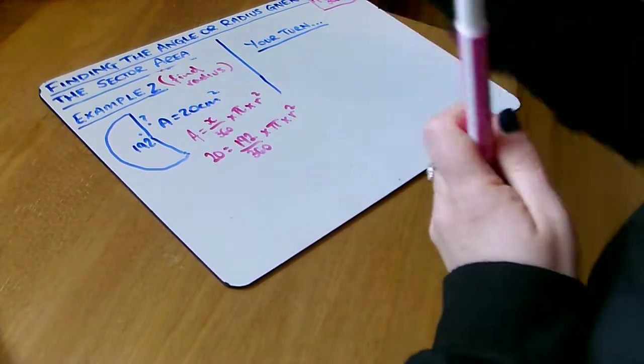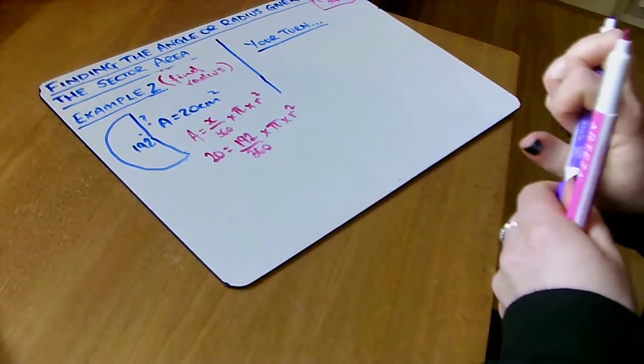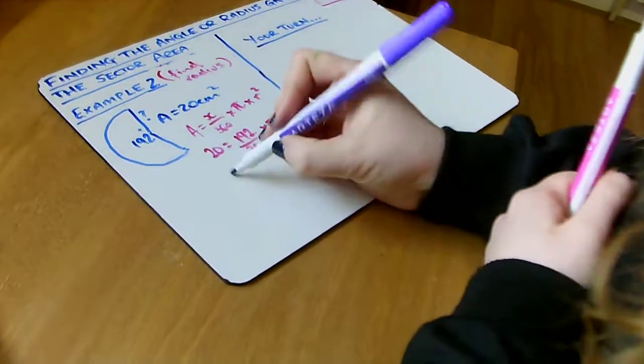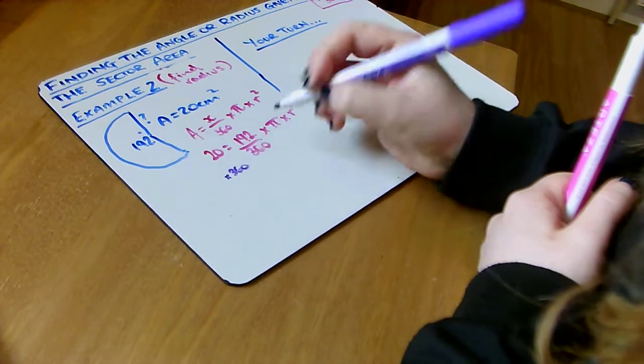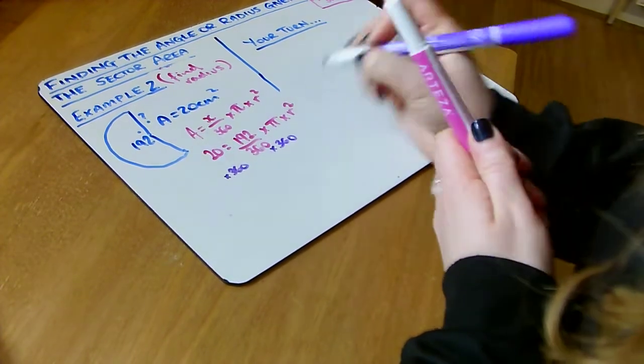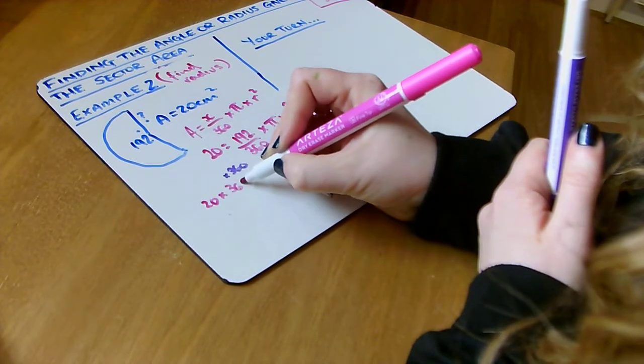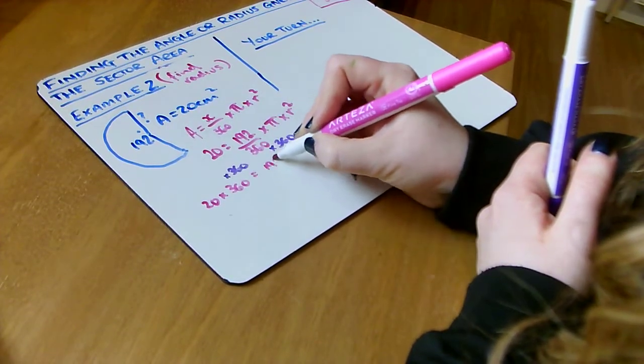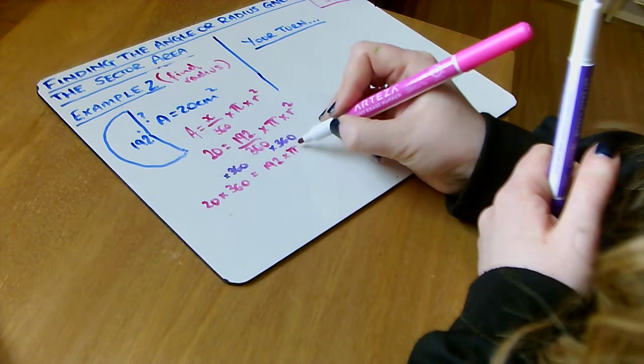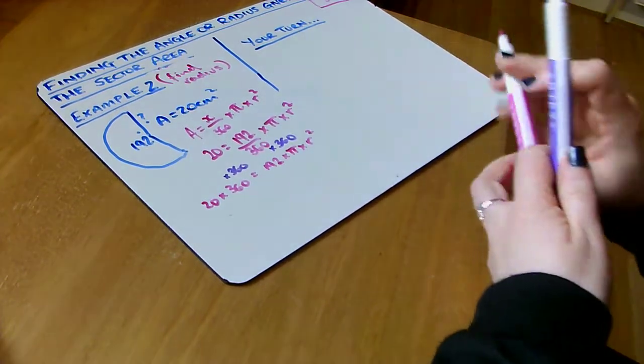And we've still got this 360, which is dividing on the right hand side, so I need to multiply throughout by that to eliminate that fraction. So 20 multiplied by 360 is equal to 192 times pi times the radius squared.